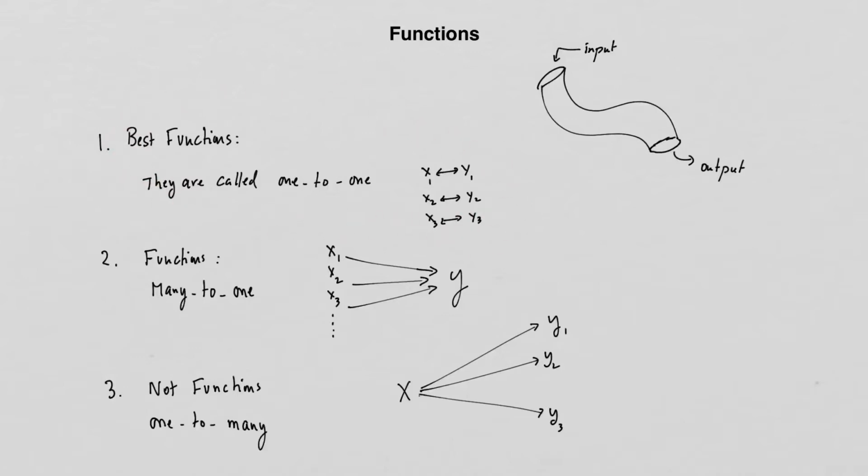The next best functions, or the next type of functions, are many-to-one. So it's possible to have many independent variables for one single dependent variable. And the example I gave you was if you visit an office or a hospital or something, they might ask you a number of questions at the entrance. What is your name? Show me your driver license. How old are you? How are you connected to such and such?